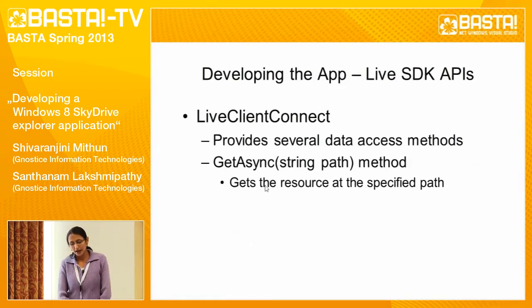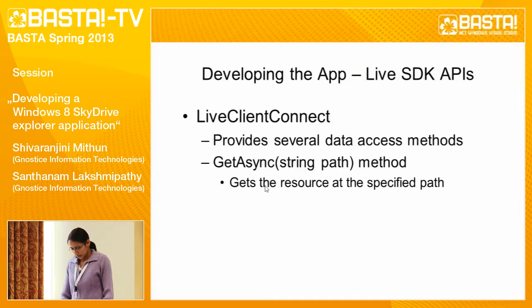This Live SDK has a class called LiveConnectClient. This class has several data access methods. GetAsync is one among them. This method takes a string parameter. We need to pass some resource path, and this method will return us the resources available at that particular location.